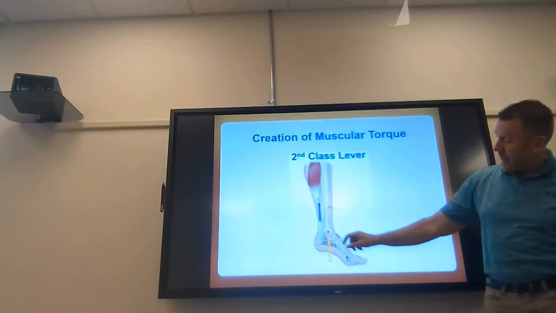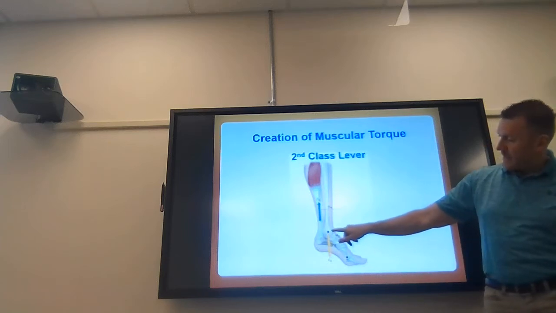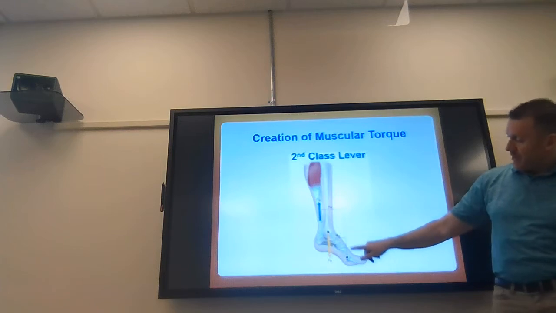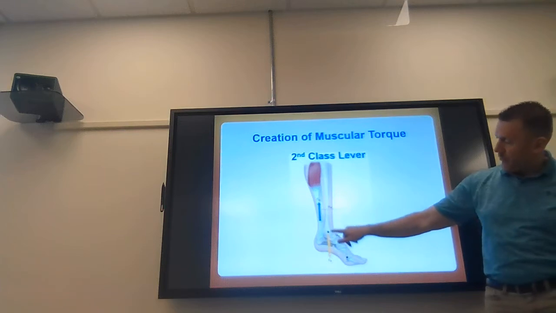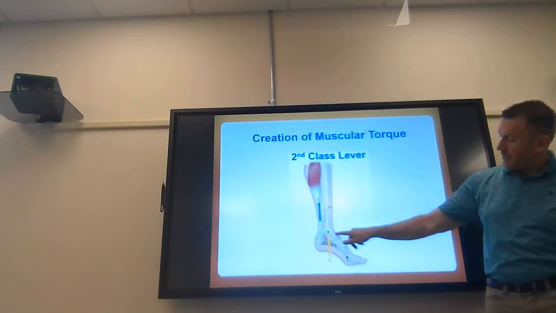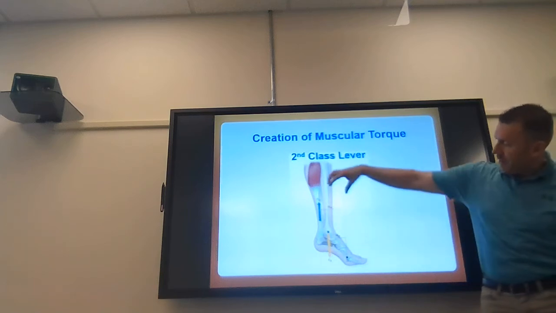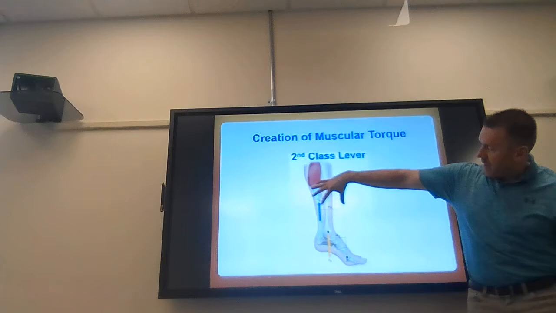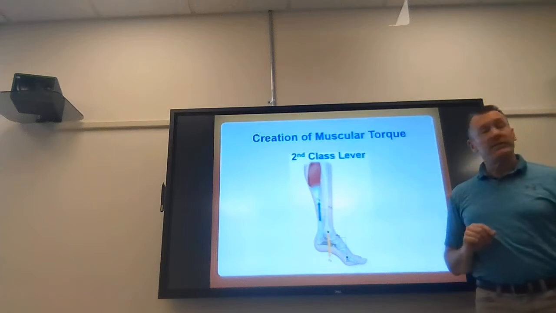And then you have the moment arm for the resistance, which is from where the weight is acting through the ankle joint to the axis here. So moment arm of the muscle is a lot longer than the moment arm of the resistance.